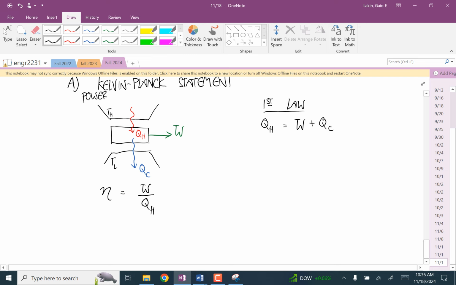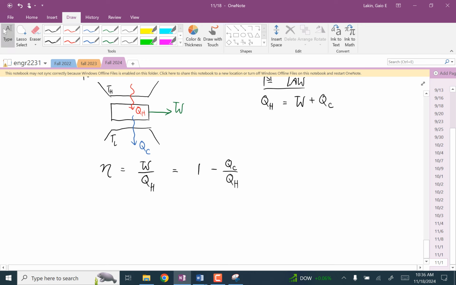And then if you substitute in the first law, you can write this as 1 minus QC over QH. The maximum efficiency you can have for a given high temperature and low temperature reservoir is finite, and it's equal to 1 minus, just replace those heats with temperatures.